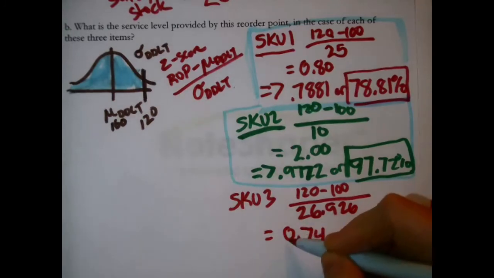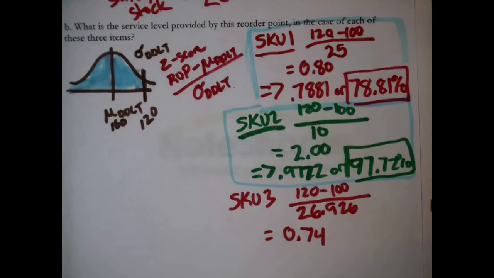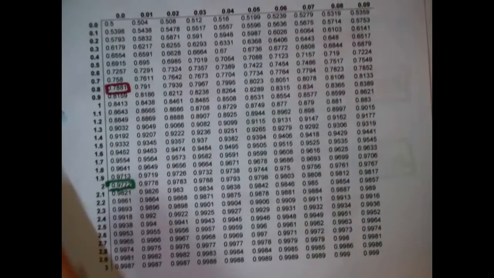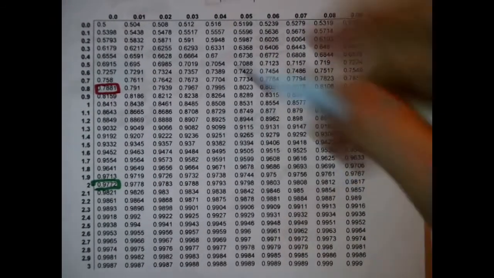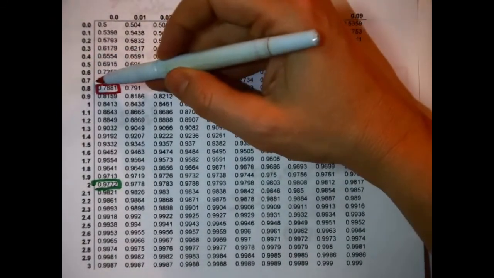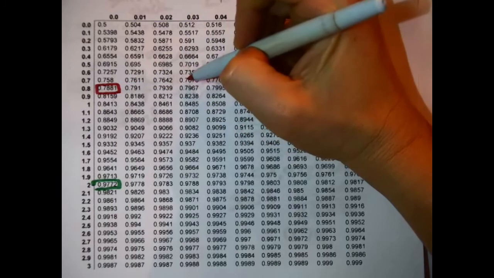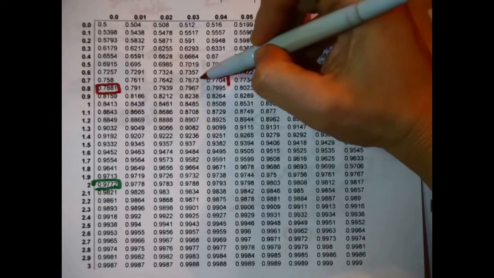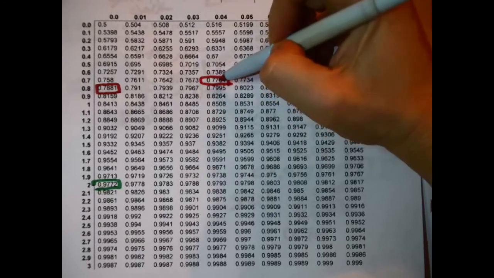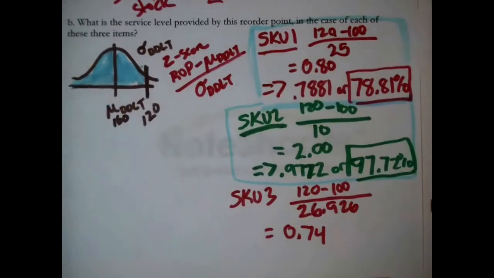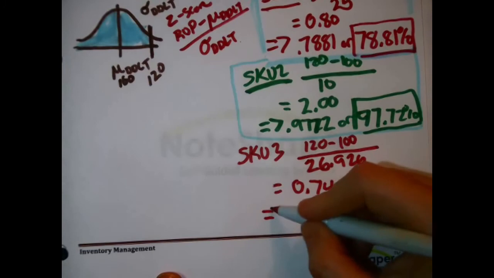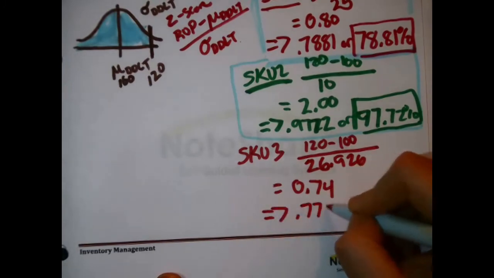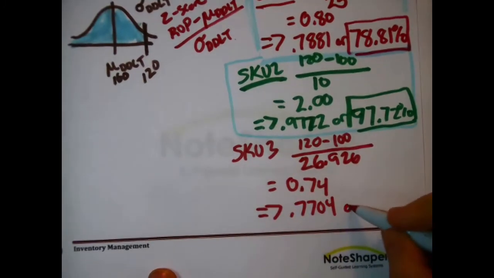Might as well round to 2 decimal places because that's what you're going to use on the z-table. 0.7 gets me to here, but then I want to look for 0.04. That's the column to stop at. That's right here. It says 0.7704, or 77%.